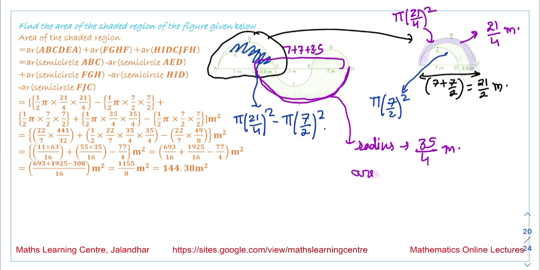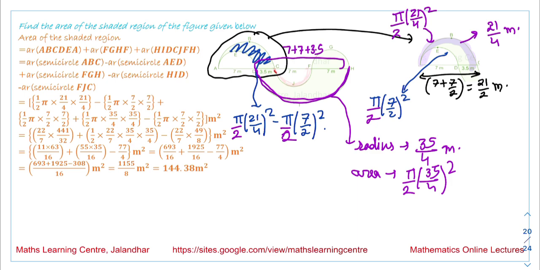So the area of this semicircle will be pi by 2 into 35 by 4 square. All these values are pi by 2 because these are semicircles. So the area of this semicircle will be this.